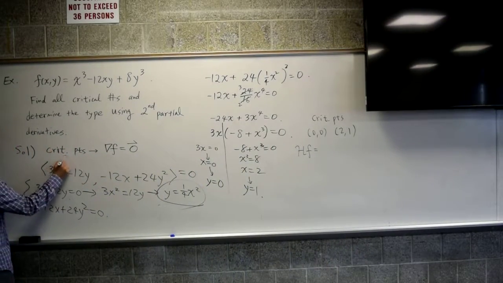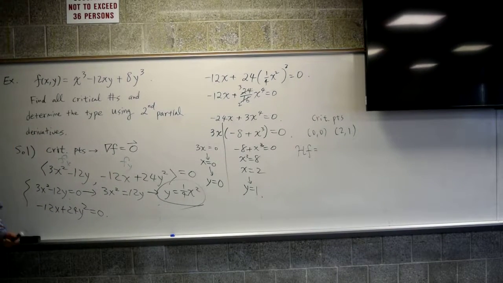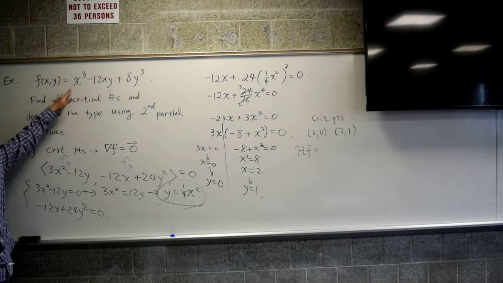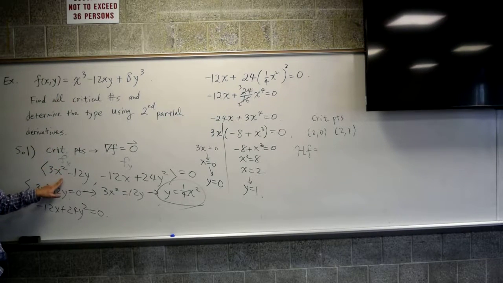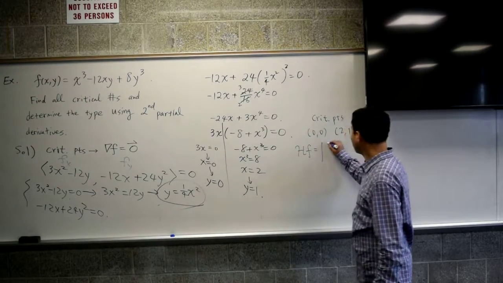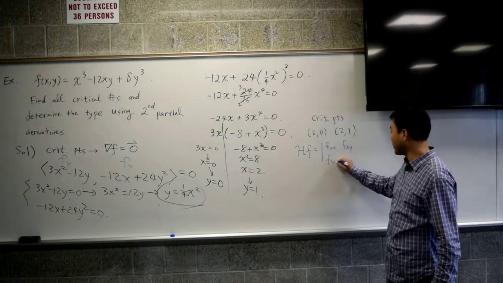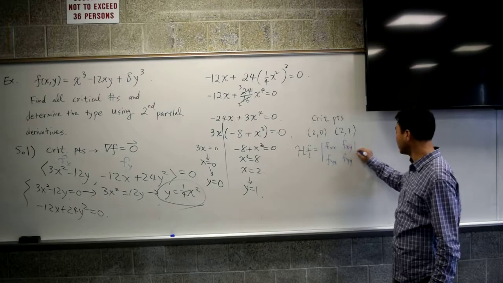This is f differentiated by x, and that's f differentiated by y. And Hessian means you differentiate twice. So this by x is the first element. So fxx, fxy, fyx, fyy. Remember this is the Hessian.